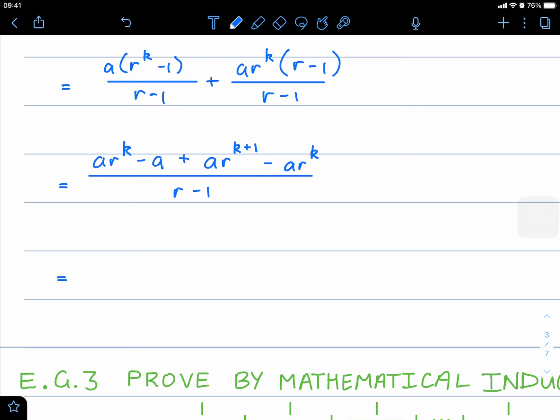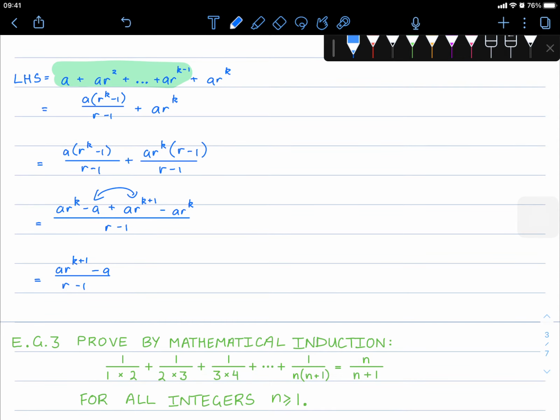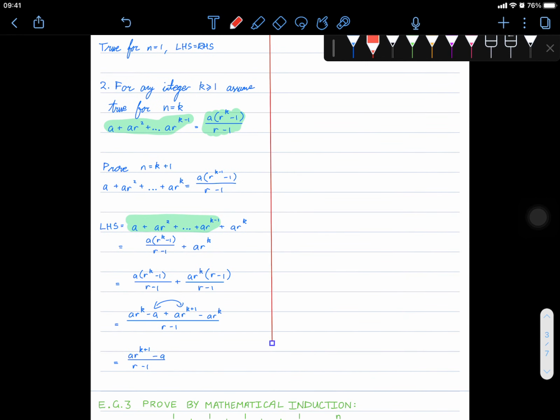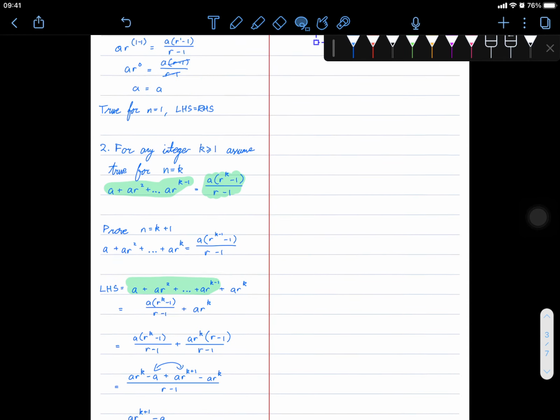Cancelling out like terms, these two completely cancel. This leaves us with, I'm going to switch these around as well, ar to the power of k plus 1 minus a all over r minus 1. I'm going to need some more space for this, so let's draw that line. I'm going to copy this out once again.